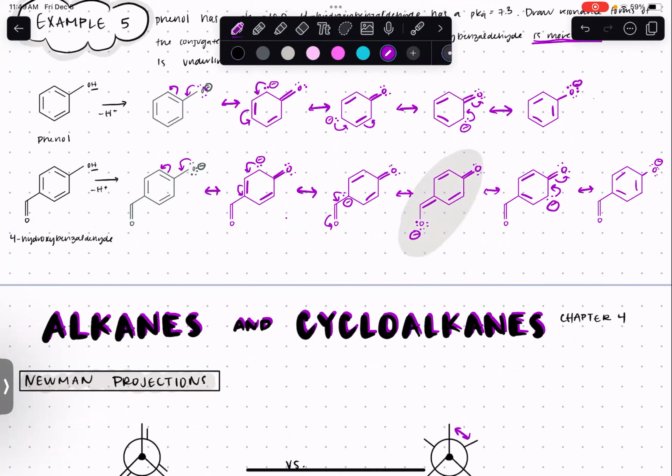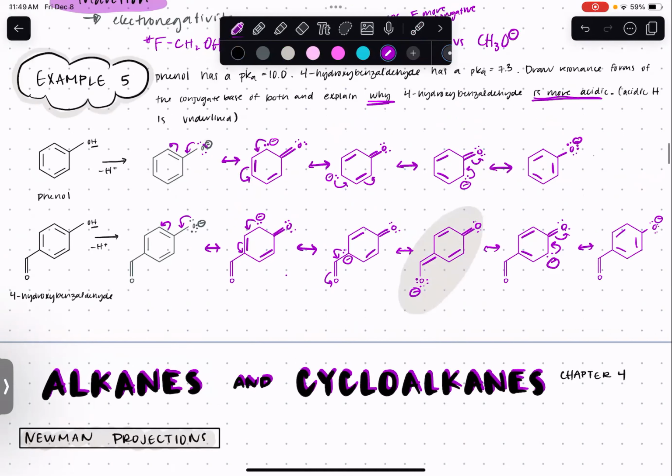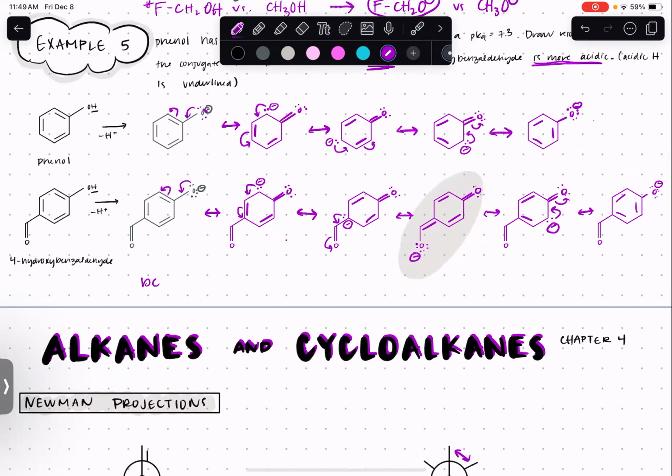Because of that, that is why we have this lower pKa with the 4-hydroxybenzaldehyde, because we have an extra resonance structure with the negative charge on oxygen. So that is what's going to give us more acidity.